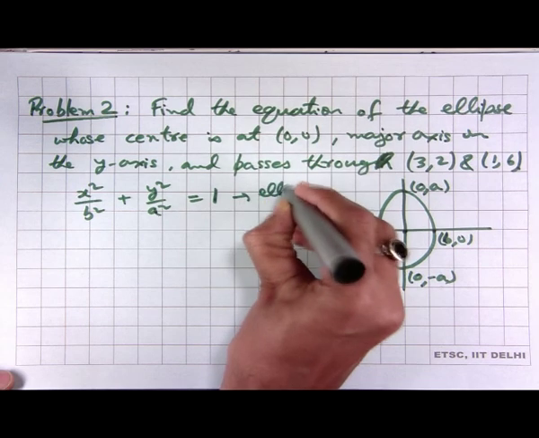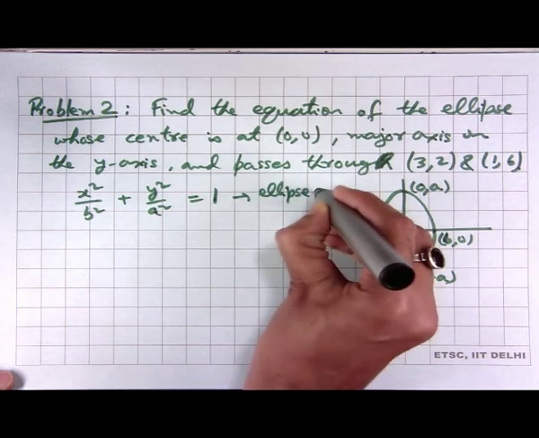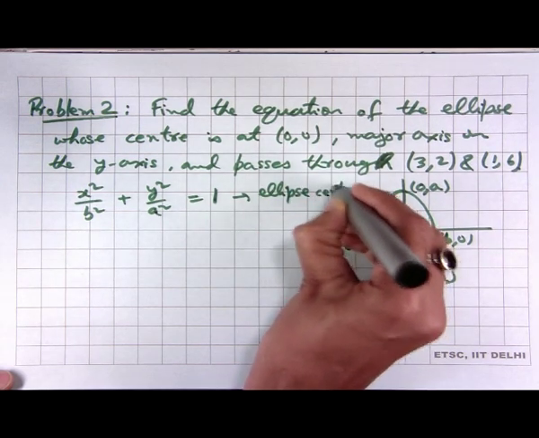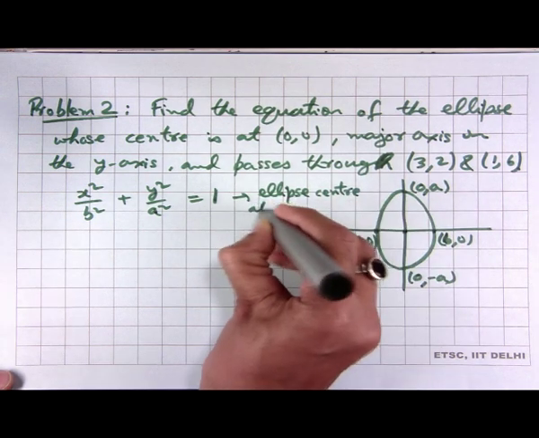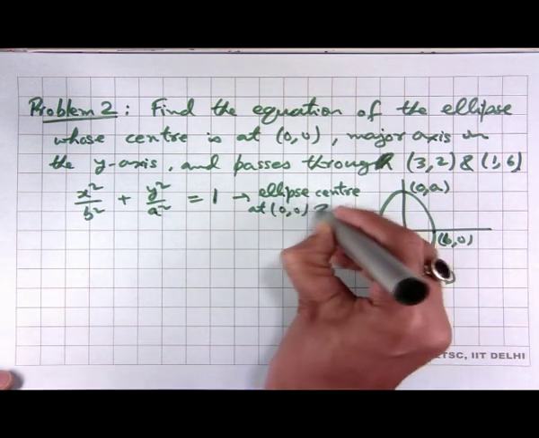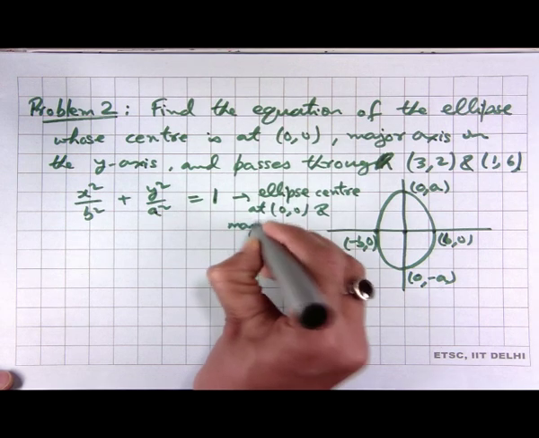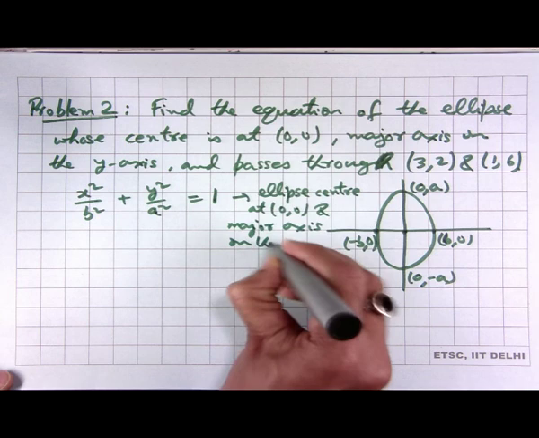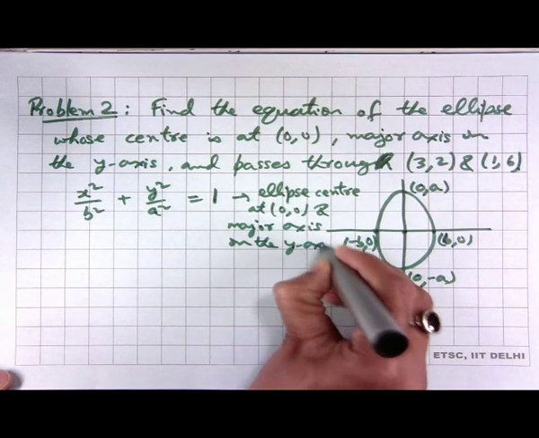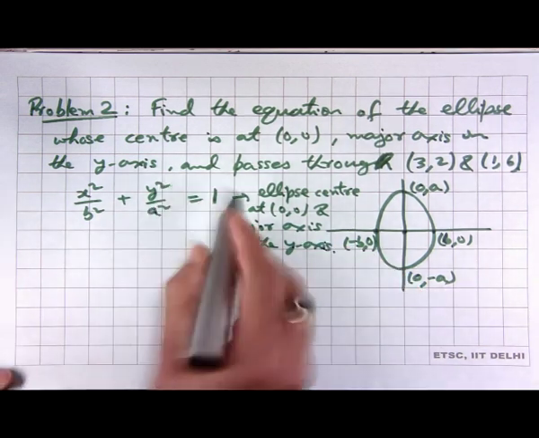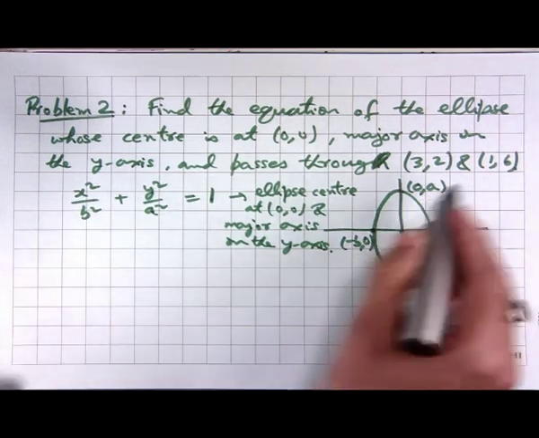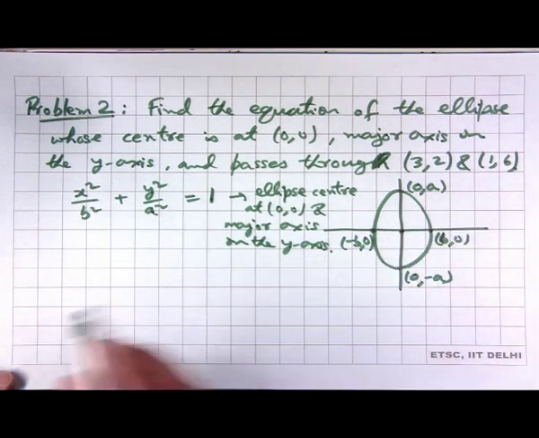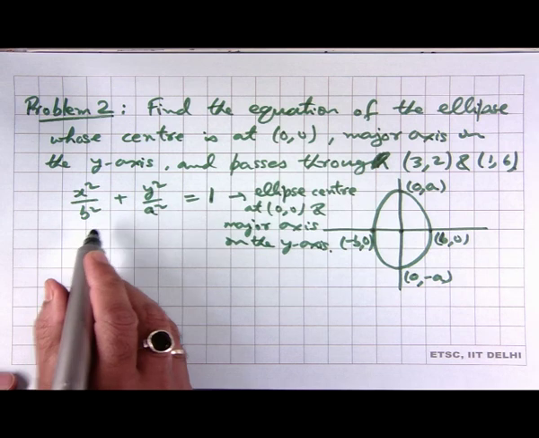Ellipse centered at (0, 0) and major axis on the y axis. Now, we are given that this ellipse passes through two given points. So, we can use that to find the values of a and b.